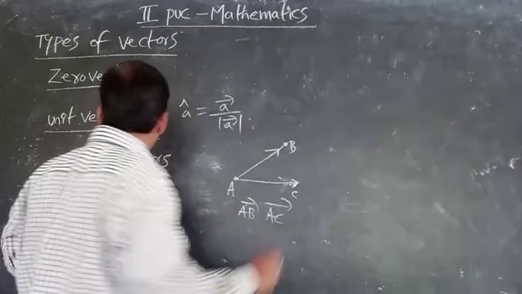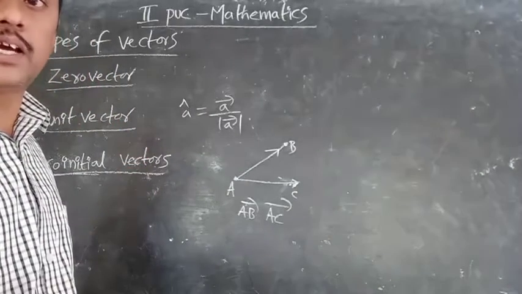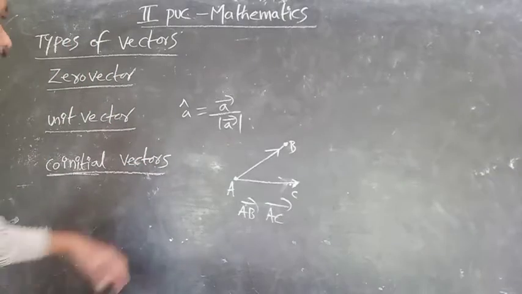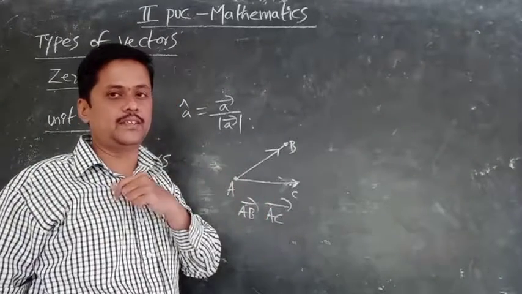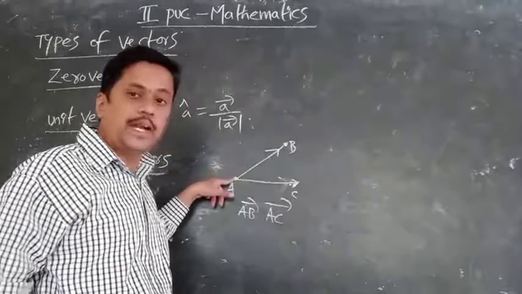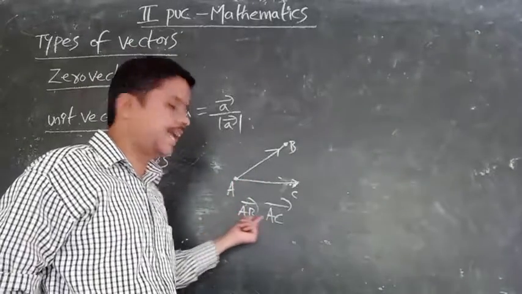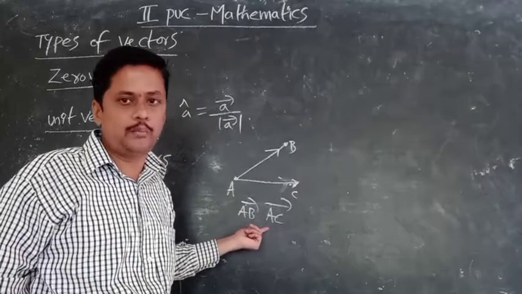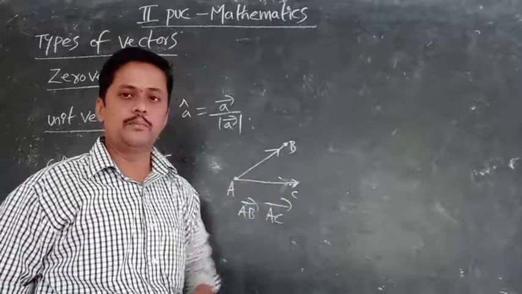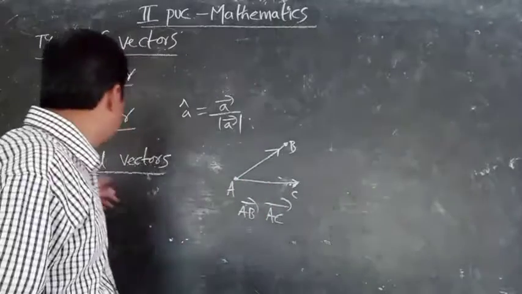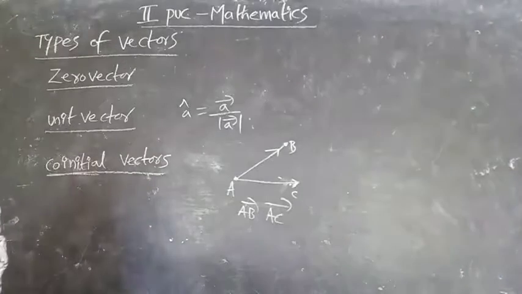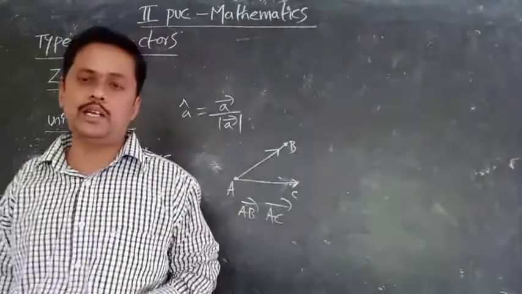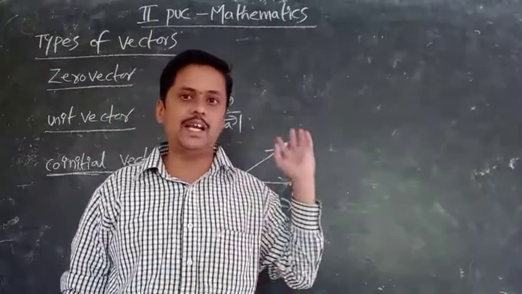The AB vector and AC vector are co-initial vectors, since the initial point A is the same. Initial point and terminal point were already covered in the previous video. Co-initial vectors are also one of the important definitions.